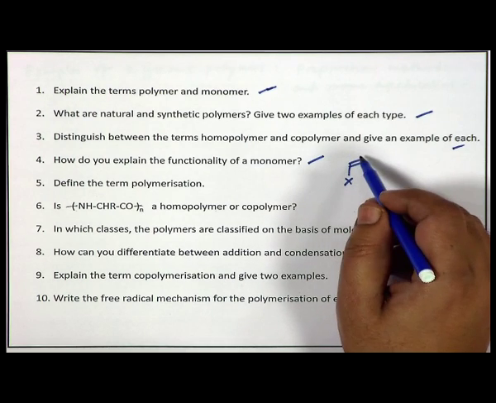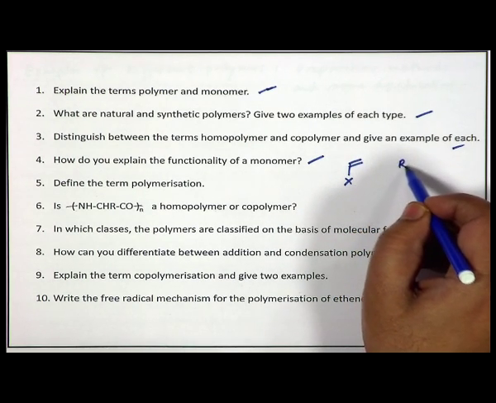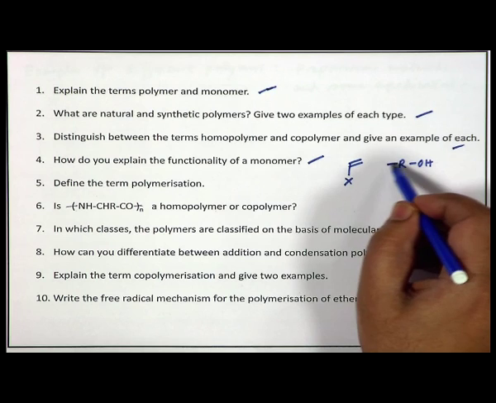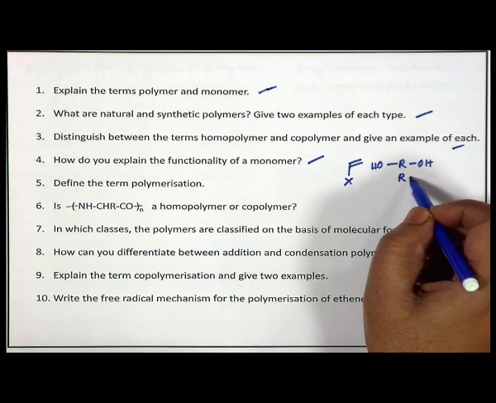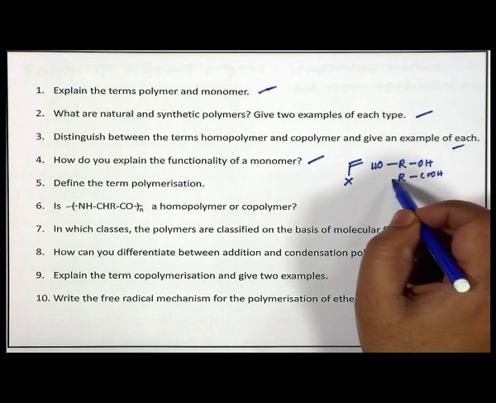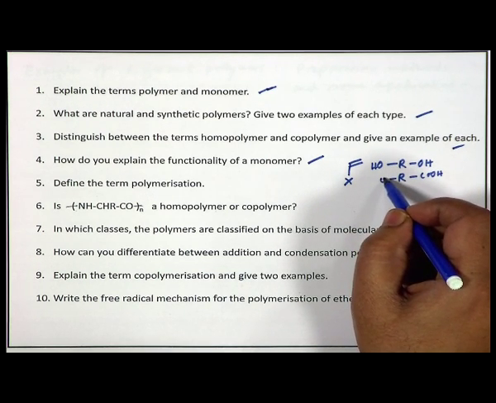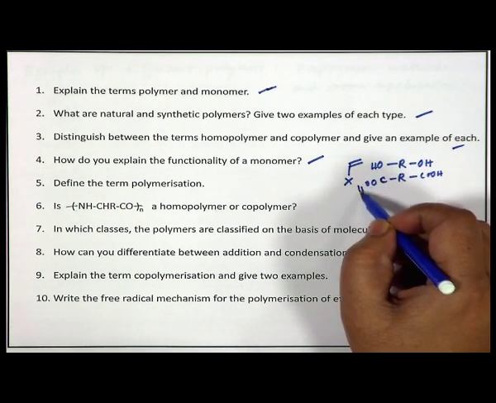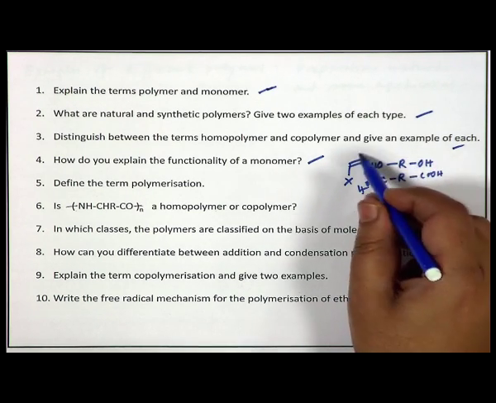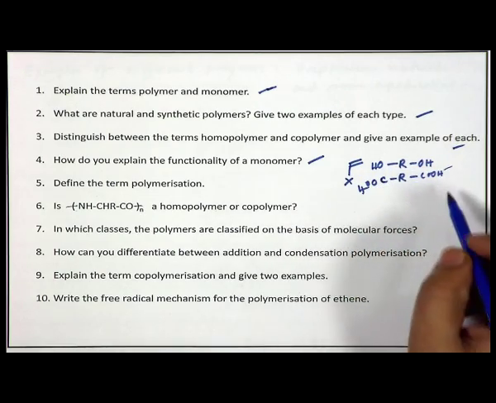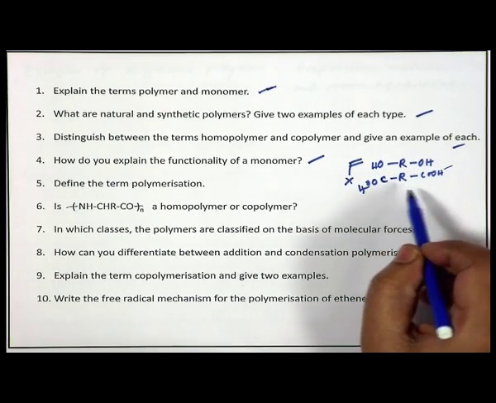So, the functionality is 2. All the other monomers like diacids or diols can also form covalent bonds from two sides. So, they also have functionality 2.